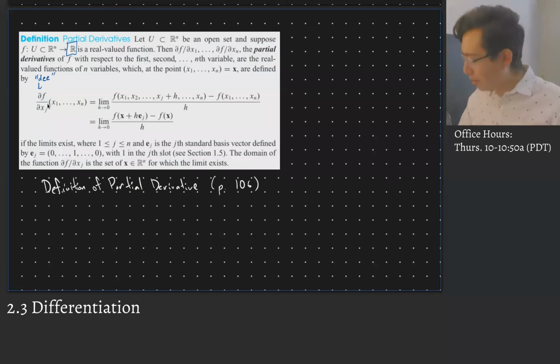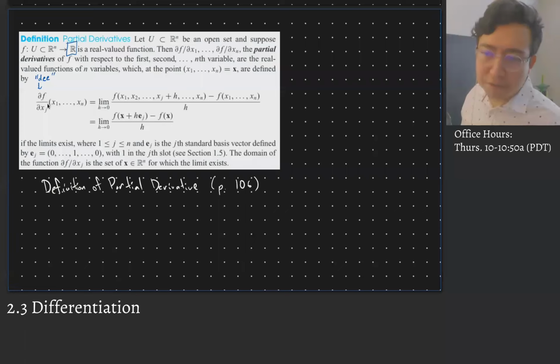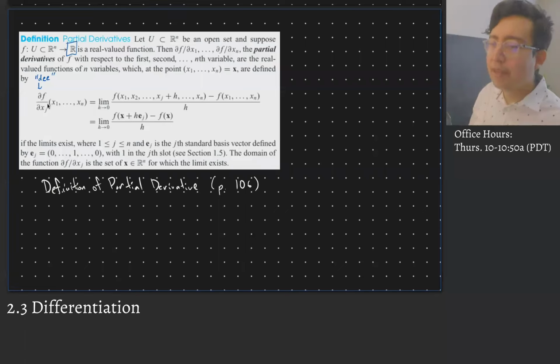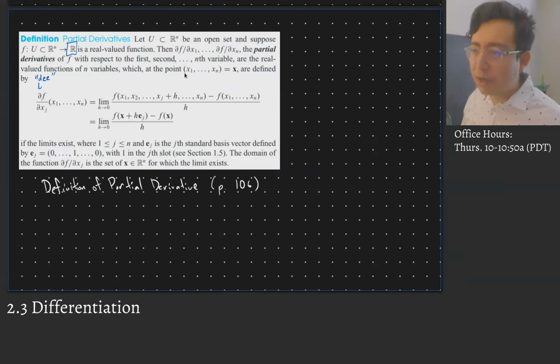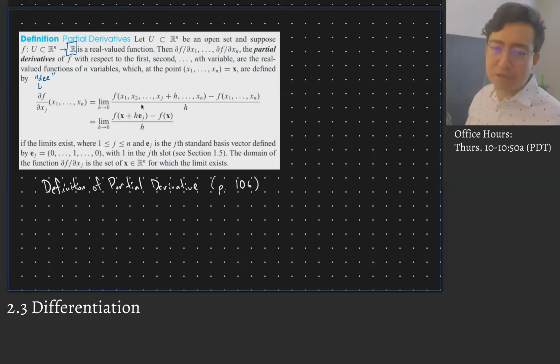You could also say partial f with respect to x_j. Notice we take it with respect to one of the specific coordinates, because the inputs are still vectors, or n-dimensional objects. So we're taking it in the j direction.